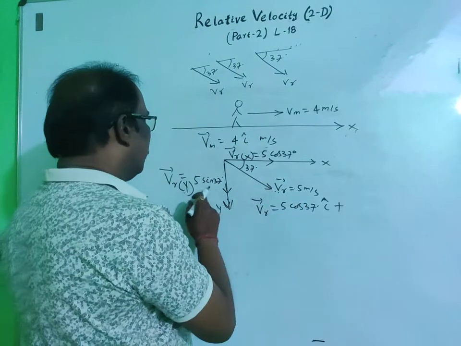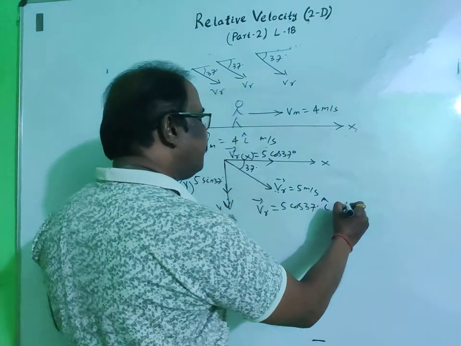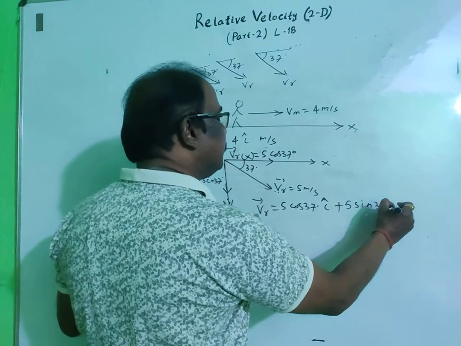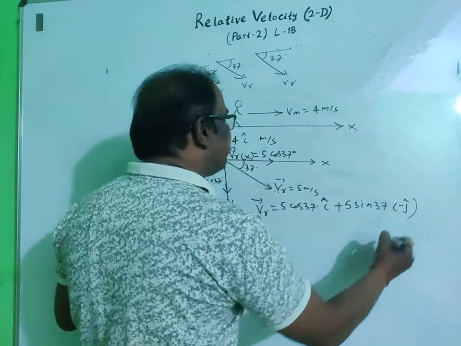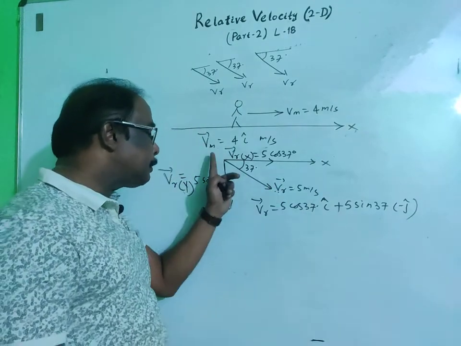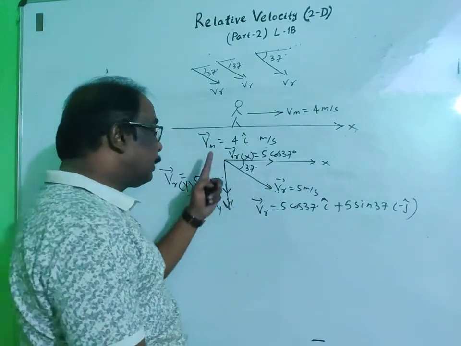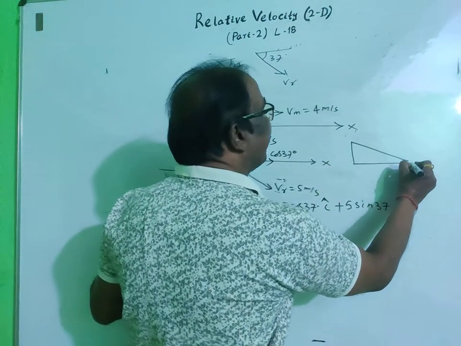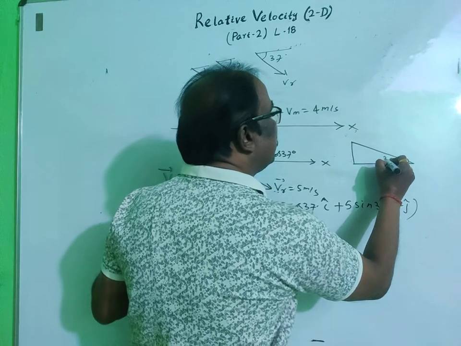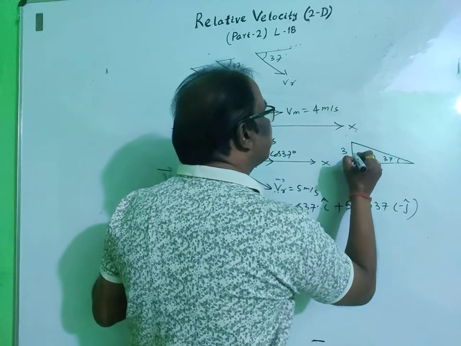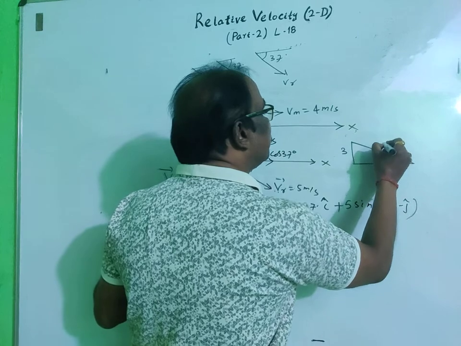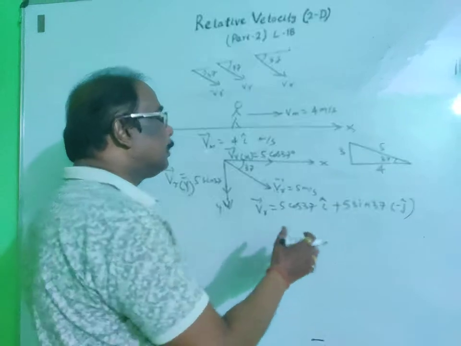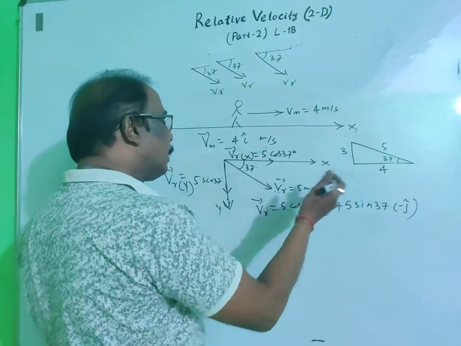This is along negative y-axis. And don't forget the triangle rule. This angle is 37, then this is 3, this is 4, this is 5. Tan 37 is 3 by 4, just remember it, and from this you can calculate sin and cos.